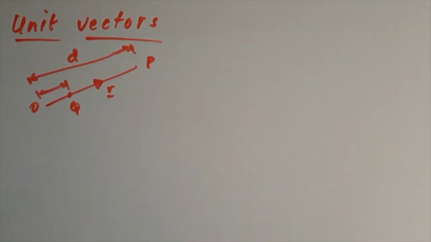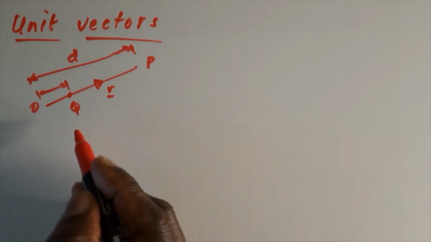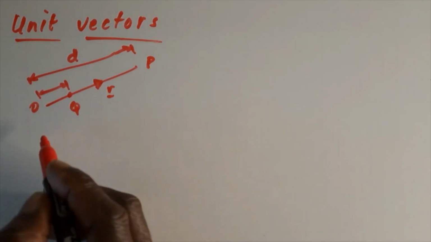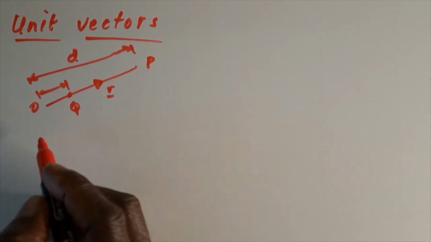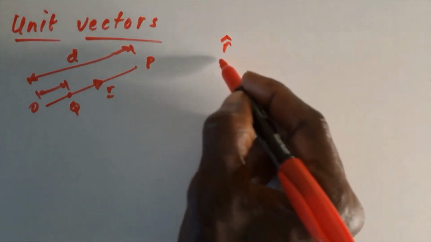Right, so one thing I forgot to mention is that a unit vector, represented previously on the previous slide, is actually written as R hat.